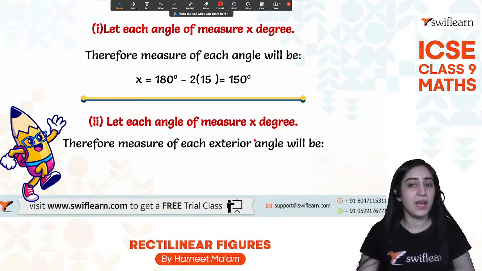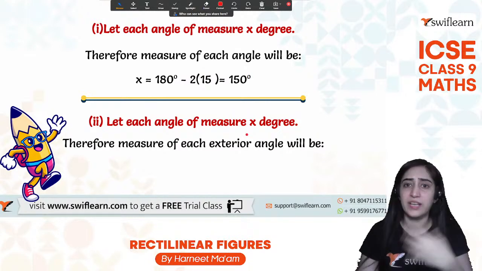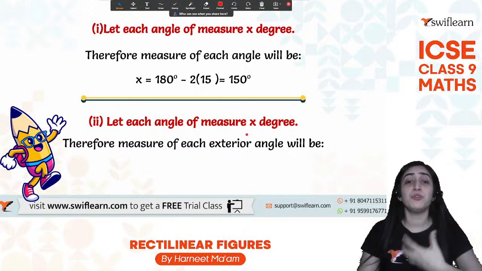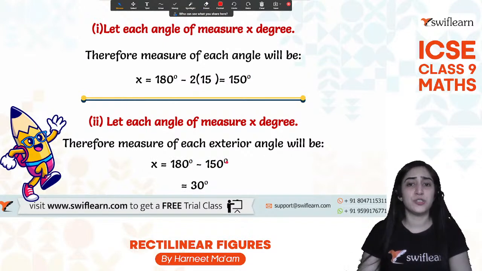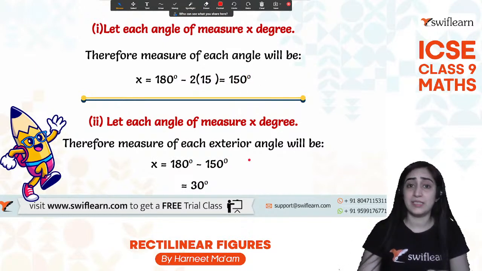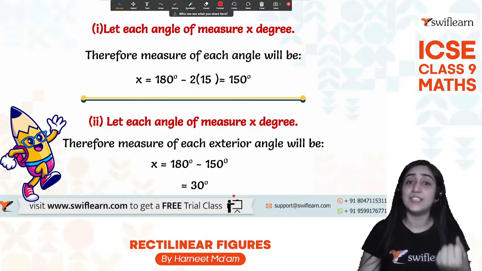To find the exterior angle, I subtract the interior angle from 180 degrees. So the exterior angle becomes 30 degrees.